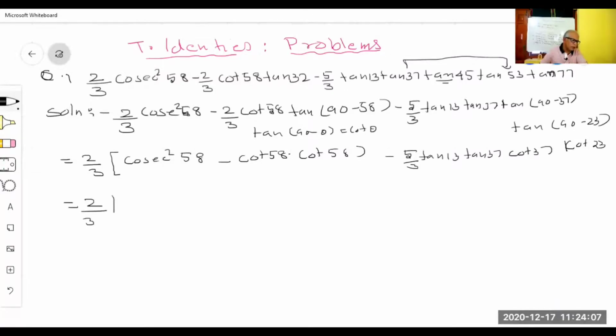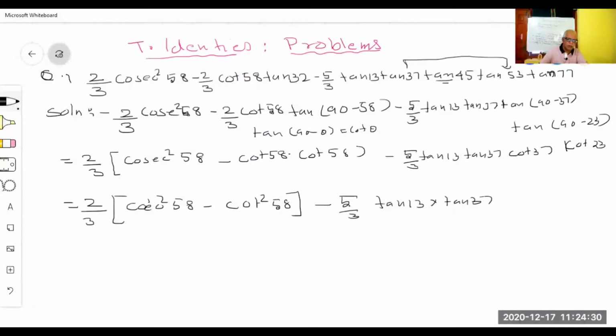This step: cosec square 58 minus cot square 58, right? Minus 5 by 3 tan 13 into tan 37.